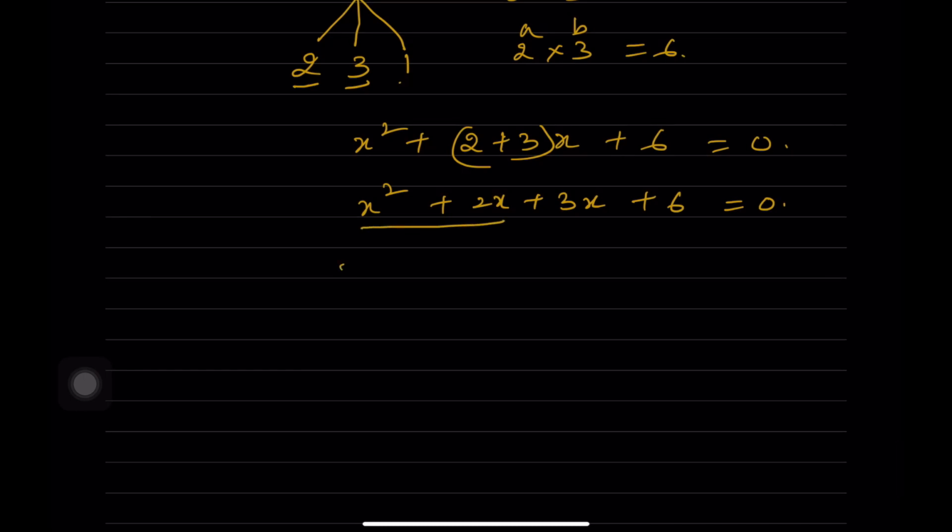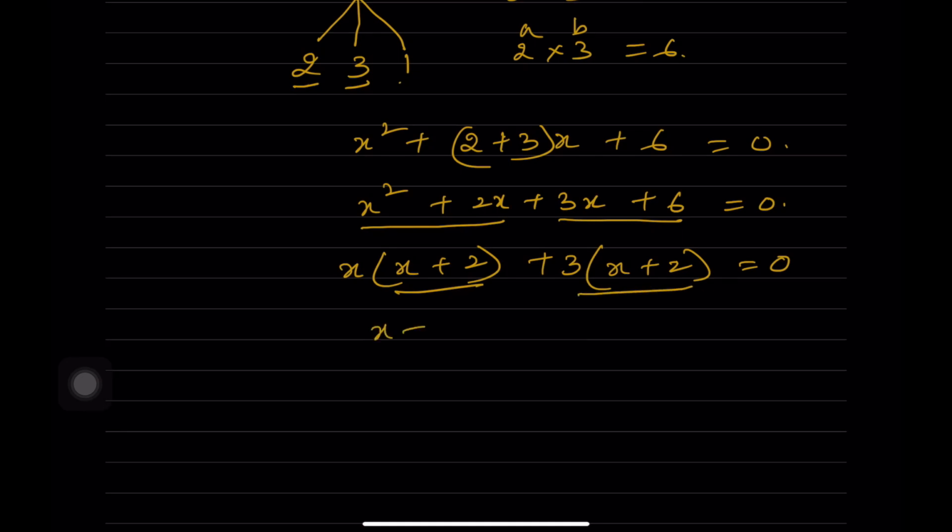If I take out x common, I get x plus 2 inside, plus in these two I can take out 3 common, so this will be 3 into x plus 2 is equal to 0. Now common in both of them is x plus 2. So x plus 2 into x plus 3 is equal to 0.